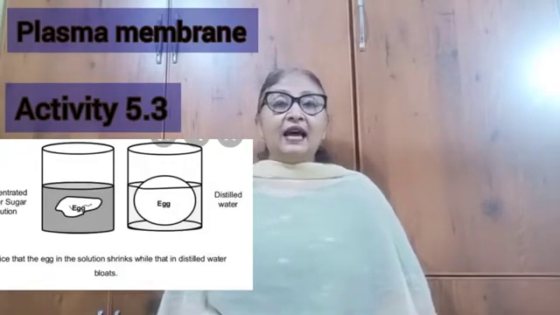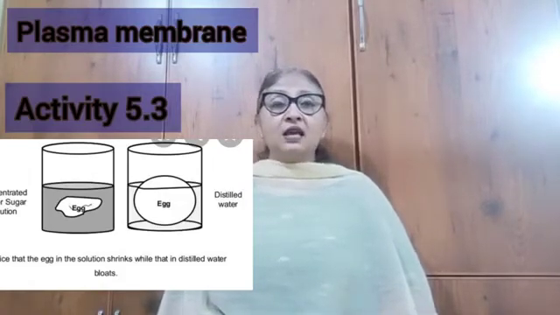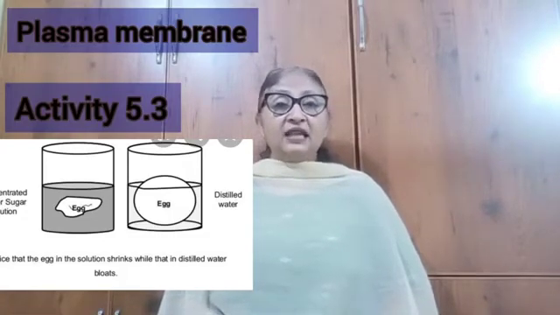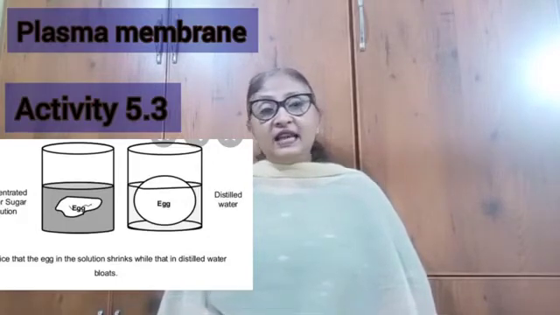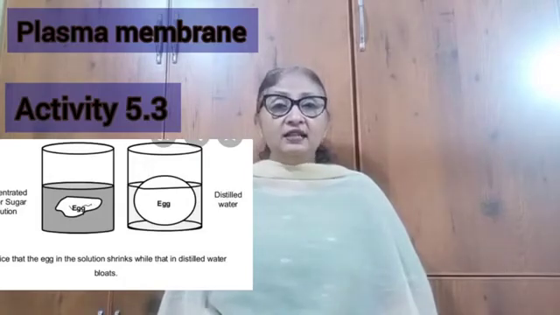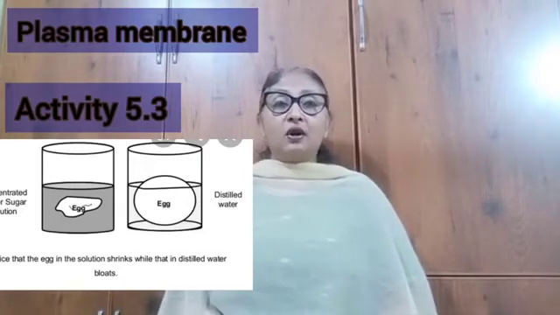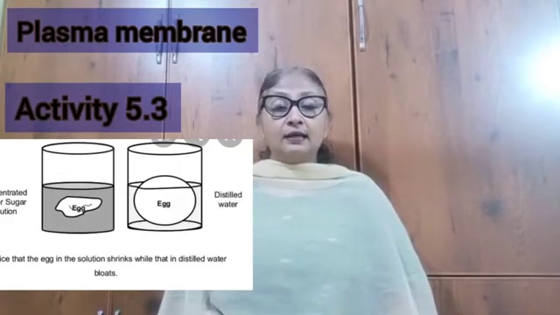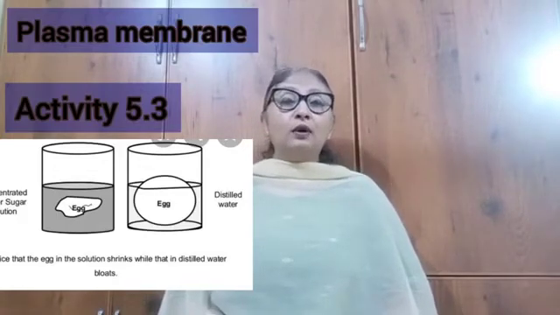We will see that the egg swells. This is because the movement of water molecules is from outside to inside. That is, endosmosis takes place. We take another de-shelled egg and place it in concentrated solution of sugar or salt. We see that the egg shrinks. This is because the movement is from inside to outside.